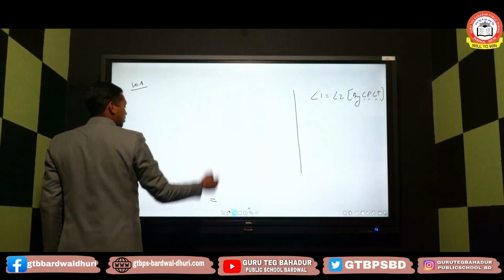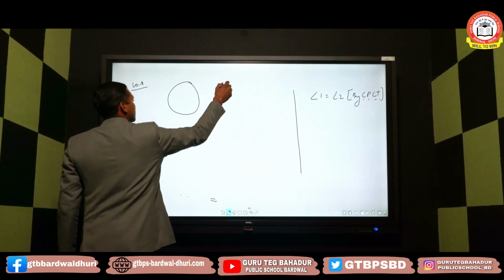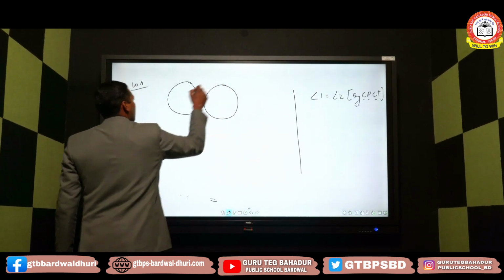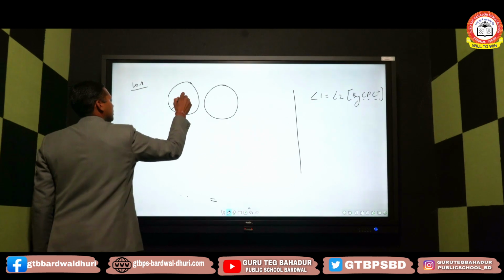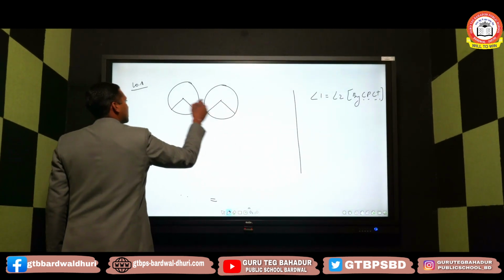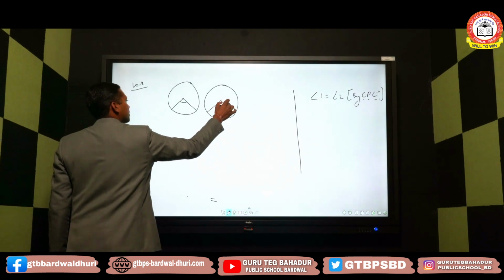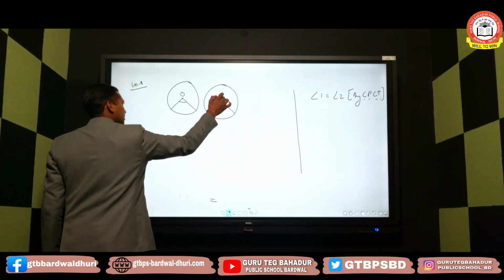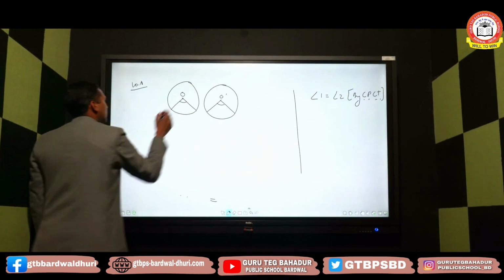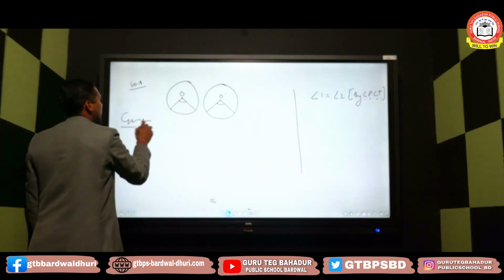Now again we have to draw two circles with the same radius, and now we have the angles at the center, which we proved in the previous question to be equal. Now what is given?